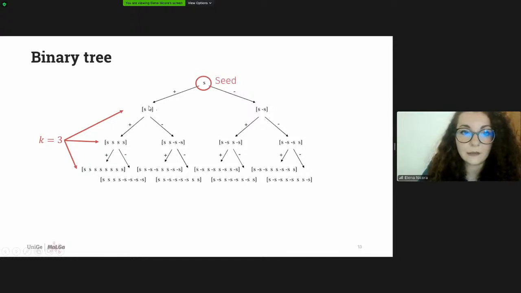So in this case here we have S concatenated with S positive, and in this case we have S concatenated with minus S. The final kernels in our family would be the kernels that are at level K, so the leaves of our binary tree.